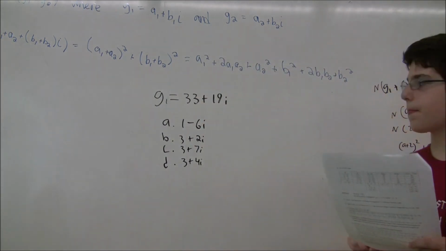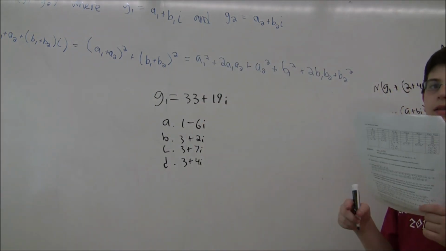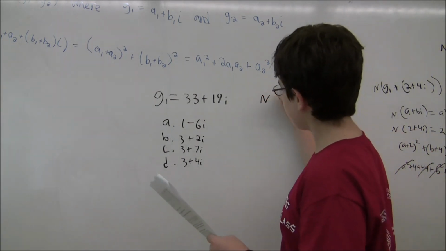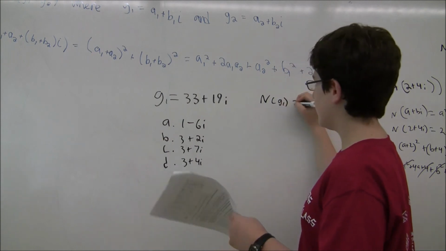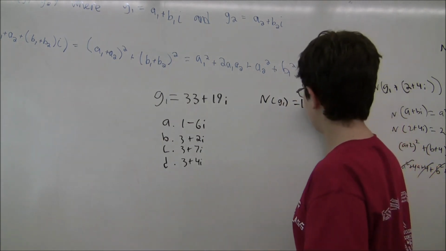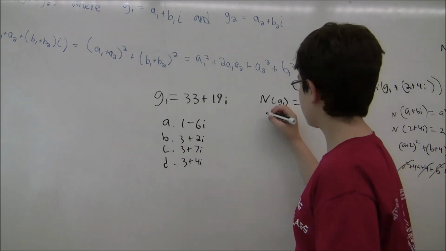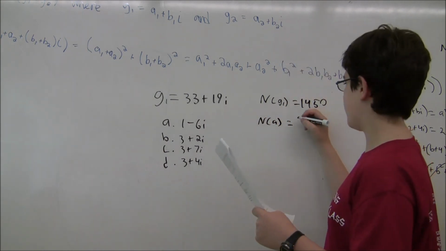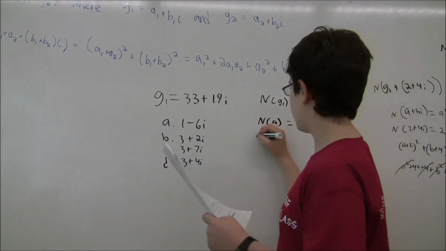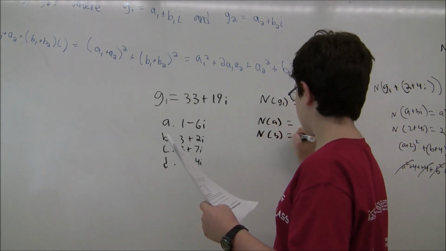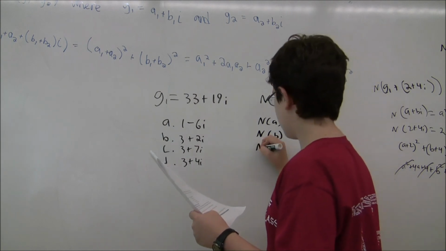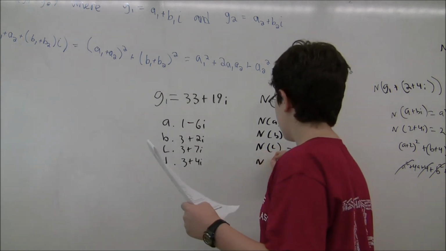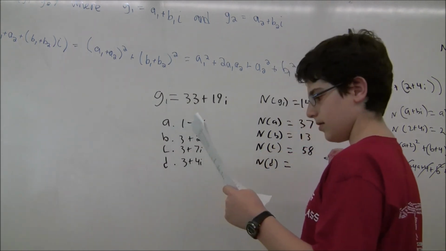But we already know that the norm of the product equals the product of the norms. The norm of this was 1450. The norm of A was 37, the norm of B was 13, the norm of C was 58, and the norm of D was 25.